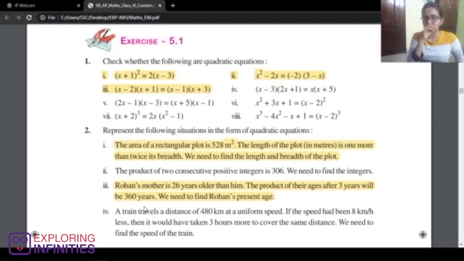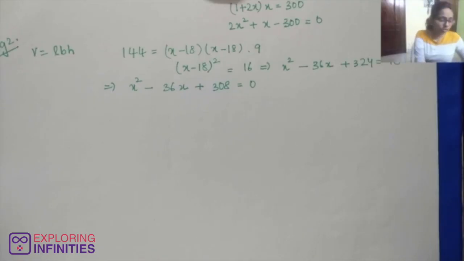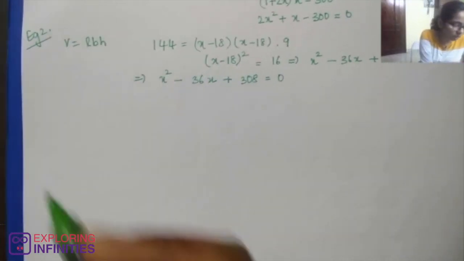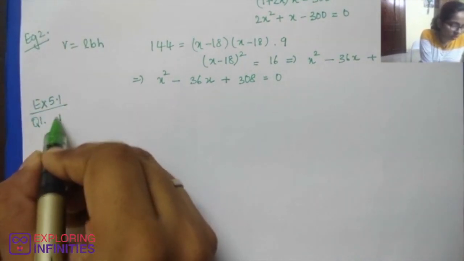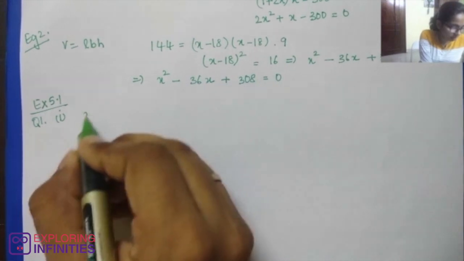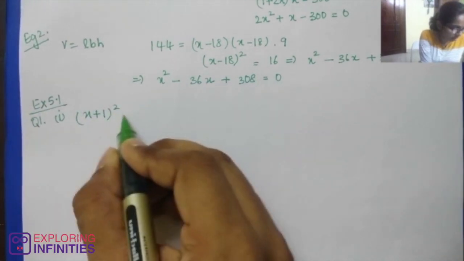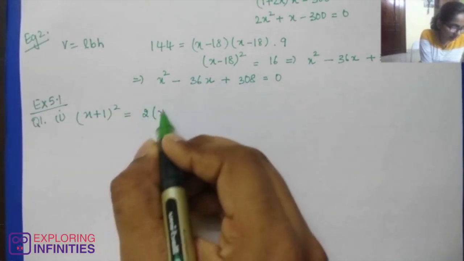We'll first simplify these equations into the simplest form that we know, that is ax square plus bx plus c equal to 0. In such cases, it becomes easy for us to identify if they're quadratic equations or not. The first one says x plus 1 whole square is equal to 2 times x minus 3.